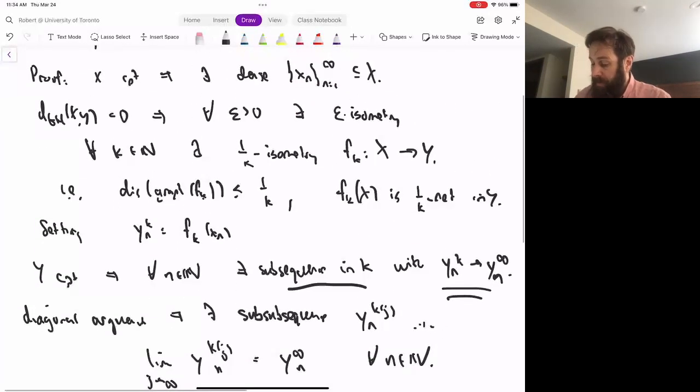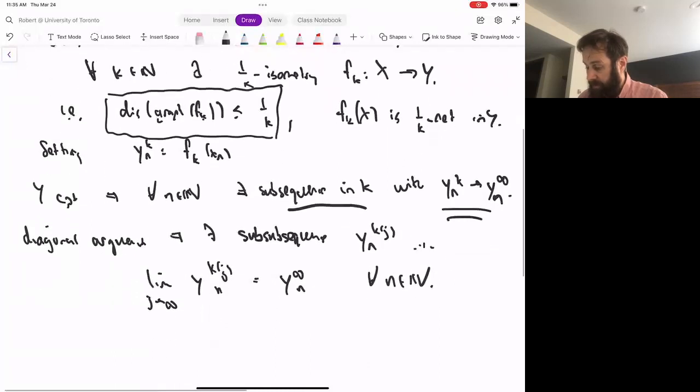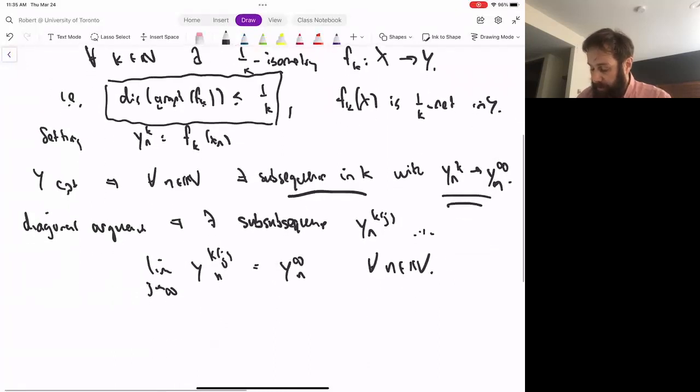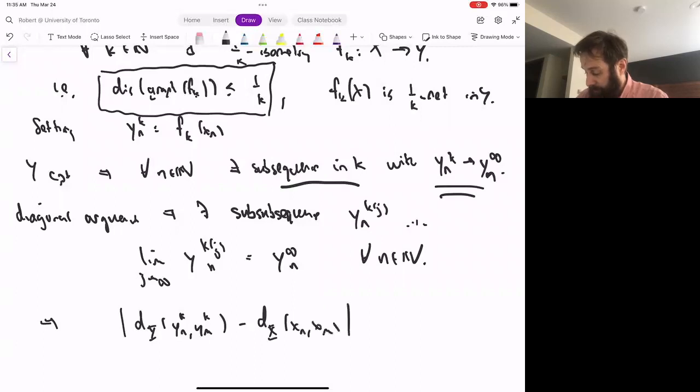From this distortion condition, I'm going to deduce that the distance in Y between y_n^k and y_m^k, minus the distance in X between x_n and x_m, is less than 1 over k.